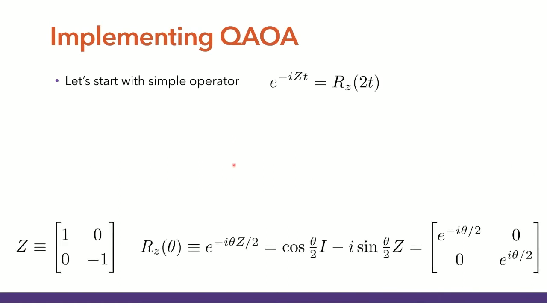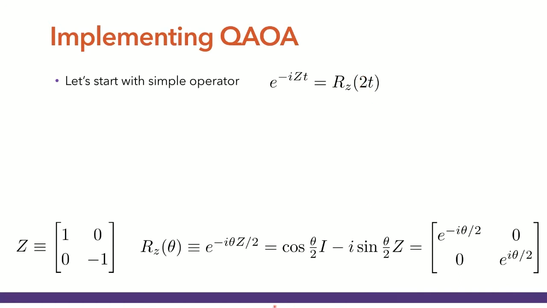Okay, so let's start with a simple operator and work our way to evolving our Hamiltonian. The simple operator we're going to start with is just PauliZ on one qubit. What you can see is that the exponent of minus i Z t, where t is some free parameter, is equal to a rotation around Z with the angle 2t.